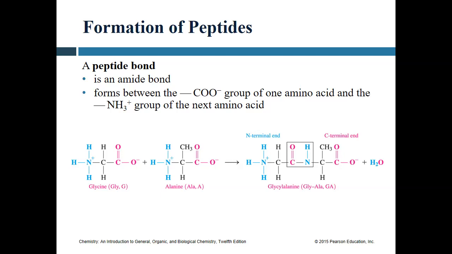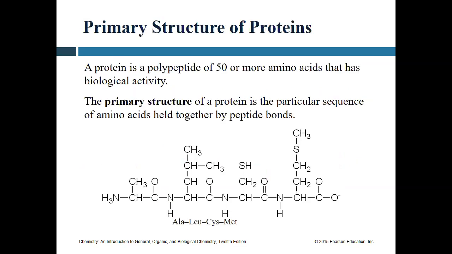And when they build, the C will attach to a new N or the N to a new C, and we'll get another peptide bond. We'll get another water molecule. We'll get a longer chain as a result. Now, when it comes to proteins, let's say that we have more than just 3 or 4 linkages.